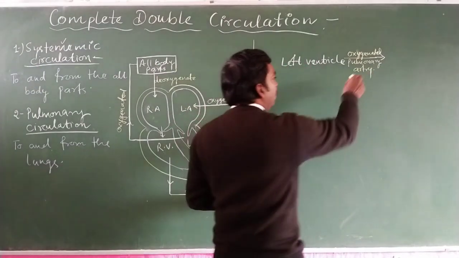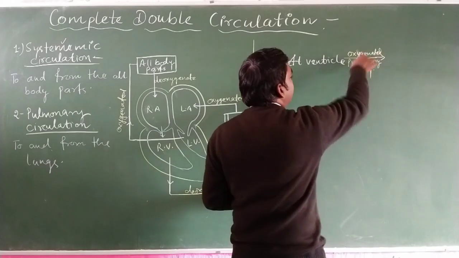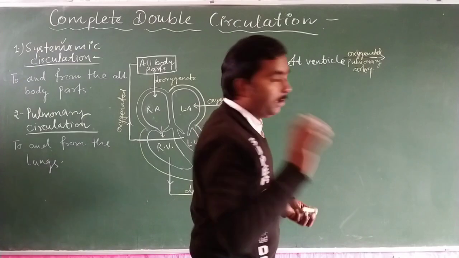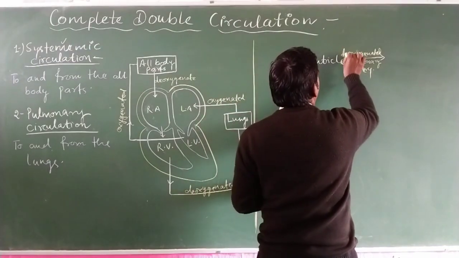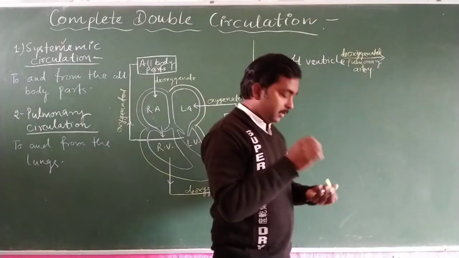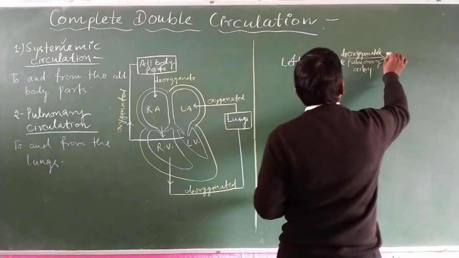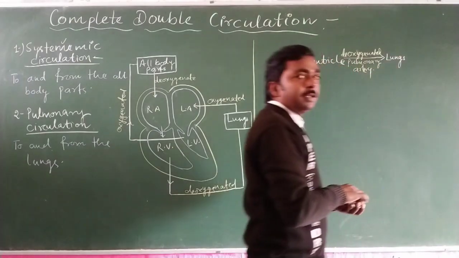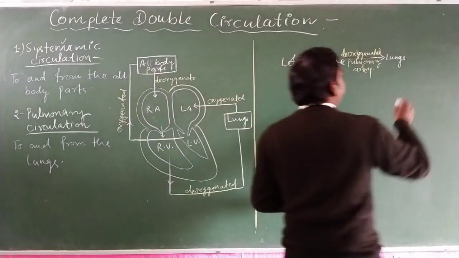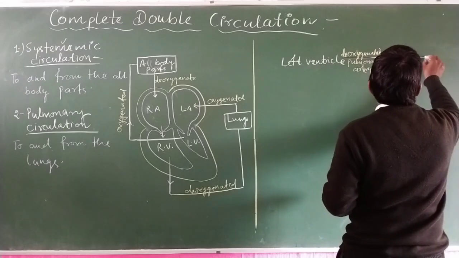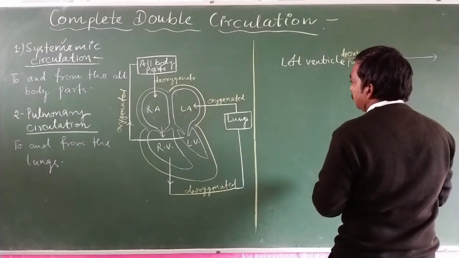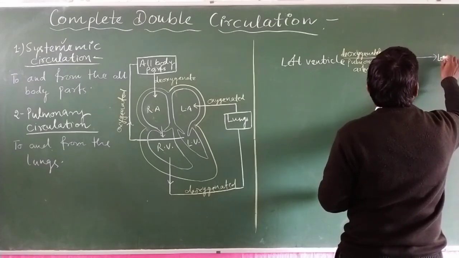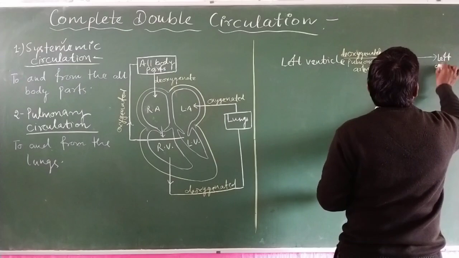Through the pulmonary artery, the deoxygenated blood is supplied to the lungs, and from the lungs it is connected to the left atrium.